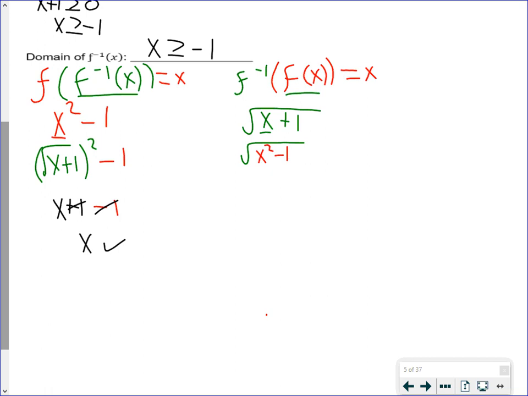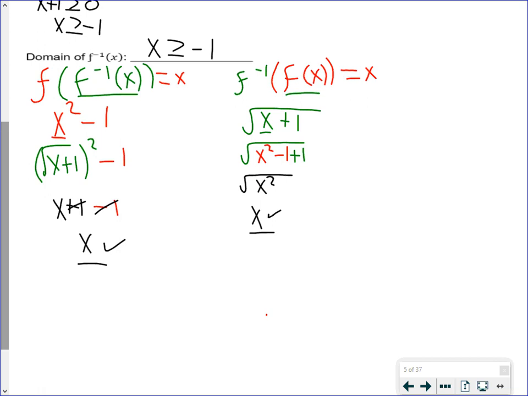Forgot it for a second, but that's what it is. X squared minus 1 plus 1. So that's what we have, and this is what we're going to solve out. We replace the x with our f of x function, and when we solve this out, we end up getting the square root of x squared, or just x. The square root of x squared is just x, and that's what we got.